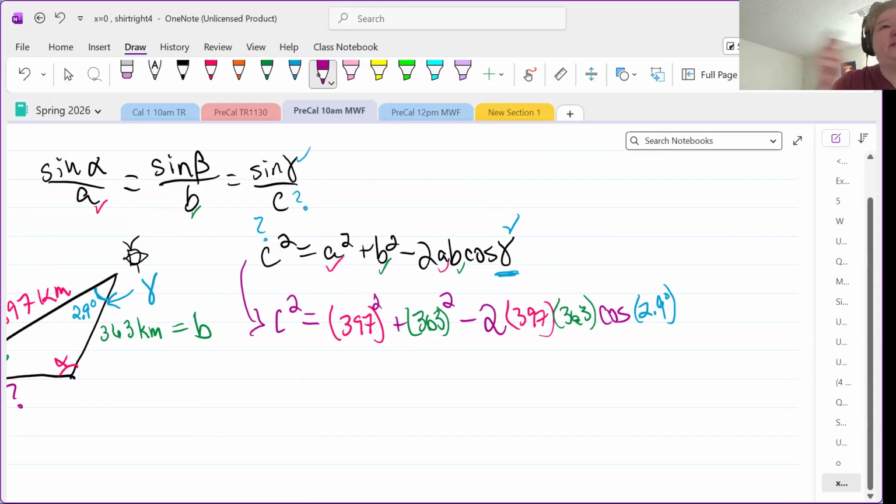Now, on the final exam, some of the problems you'll barely touch the calculator, but some problems, especially once you're about to type a trig function, you need to check yourself. Should I be in degree mode or radians mode? This one, it's 2.9 degrees, so we need to be in degree mode.